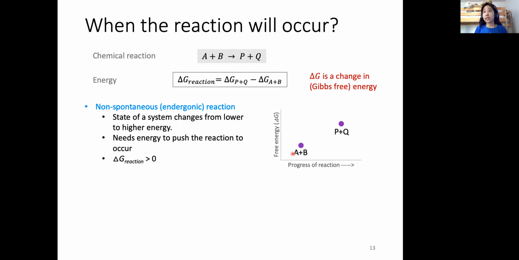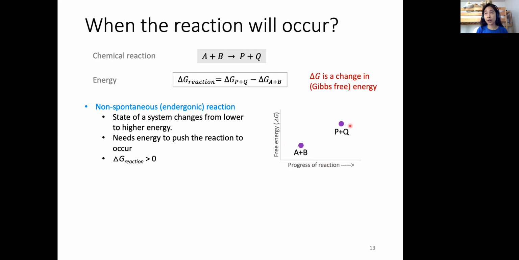Look at this diagram. On the y-axis, you have free energy, the delta G. On the x-axis, you have the progress of the reaction. At the beginning, you have the reactants A and B, which have some energy level. And look at the products.